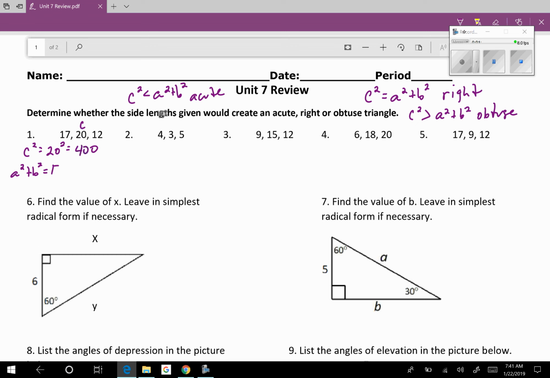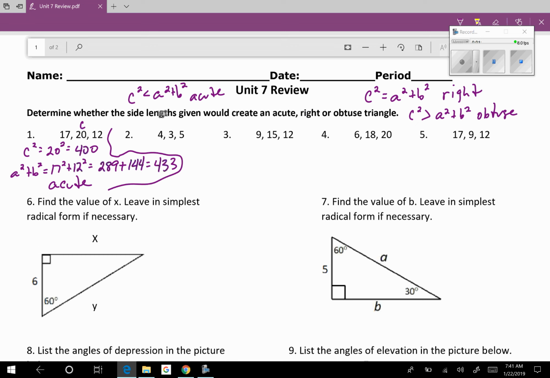So that's 17 squared plus 12 squared. 17 squared is 289, and 12 squared is 144. When you add those, you get 433. So here we see that c squared, 400, is smaller than a squared plus b squared. So since c squared is smaller, it is acute.